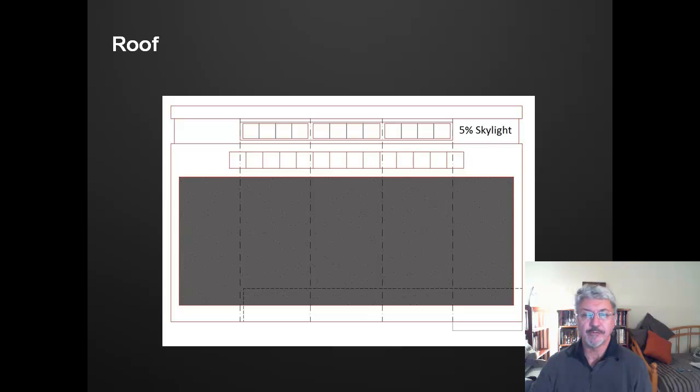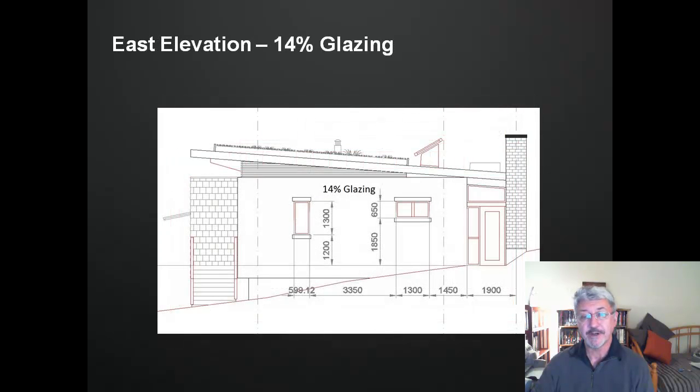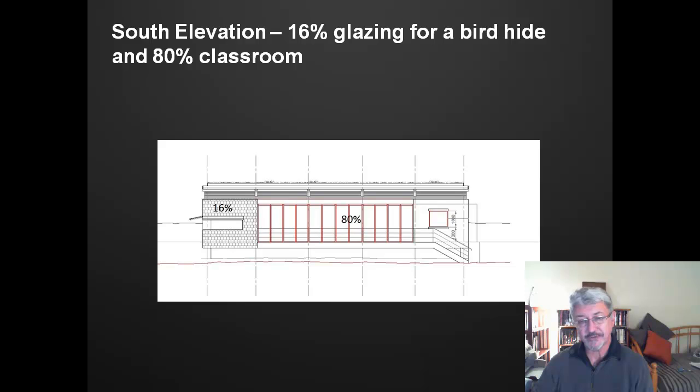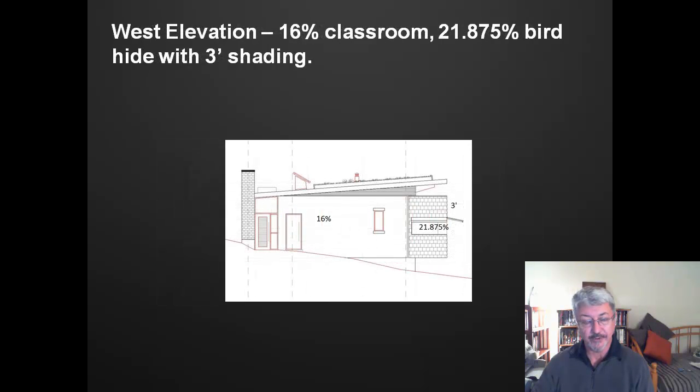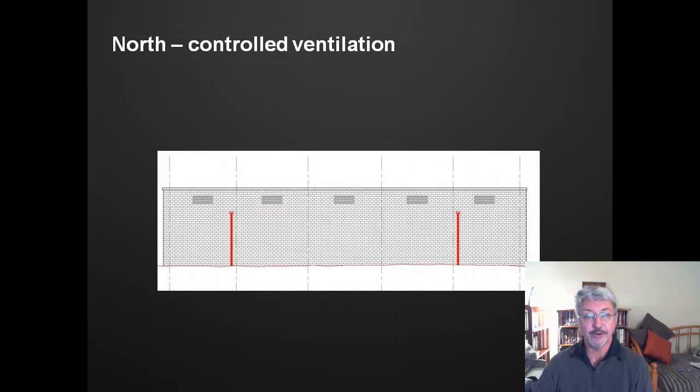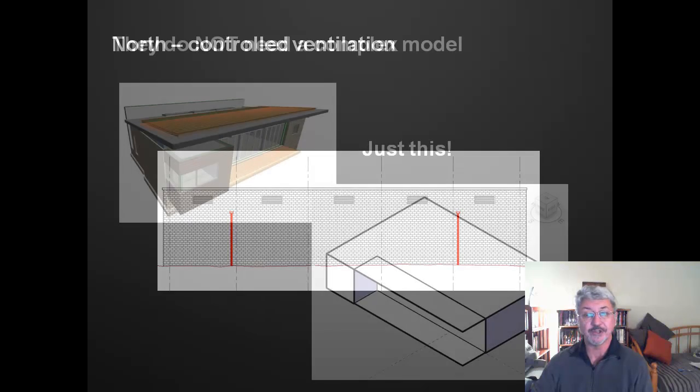If I look at the roof, I can see the percentage of skylight area that they're anticipating, about 5% of the total. If I look at the east elevation, I can also get percentages of how much light they're anticipating for the building. I can do this for the south, the west, and the north, where there are almost no openings at all.